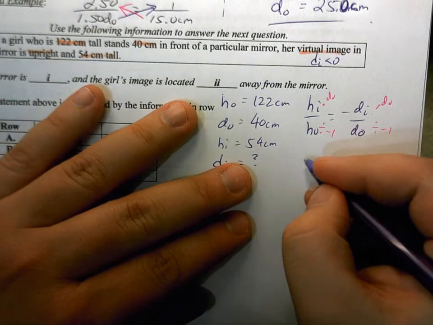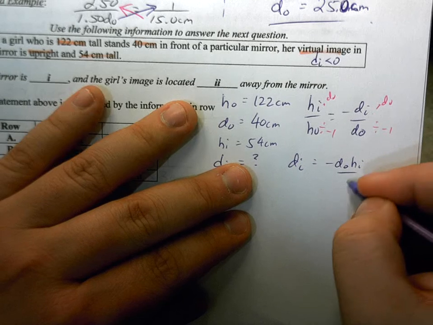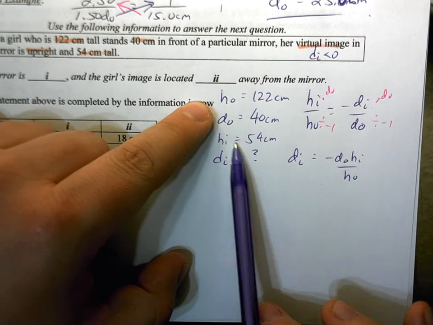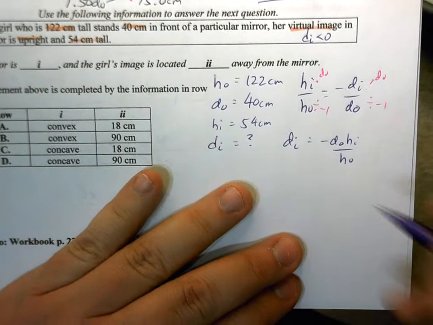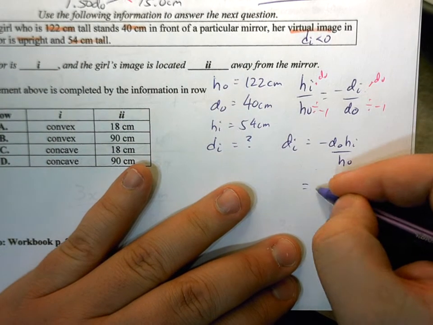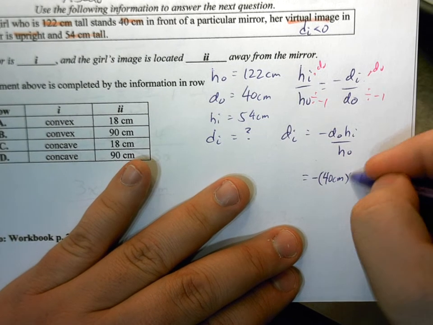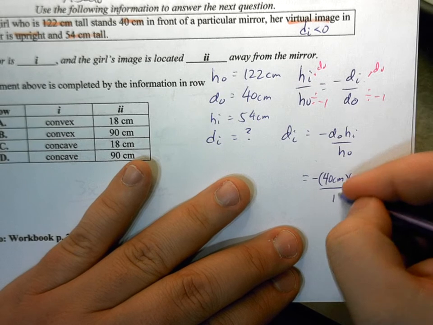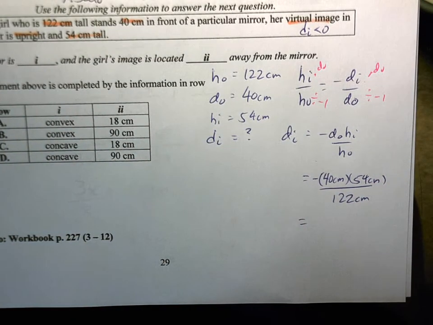What we get is DI is the negative of DO times HI over HO. This is why I made the variable list, because we have 3 different types of lengths, and we want to make sure we are accounting for the right ones. So DO is 40 centimeters, HI is 54 centimeters, and HO is 122 centimeters. We got a lot going on here.